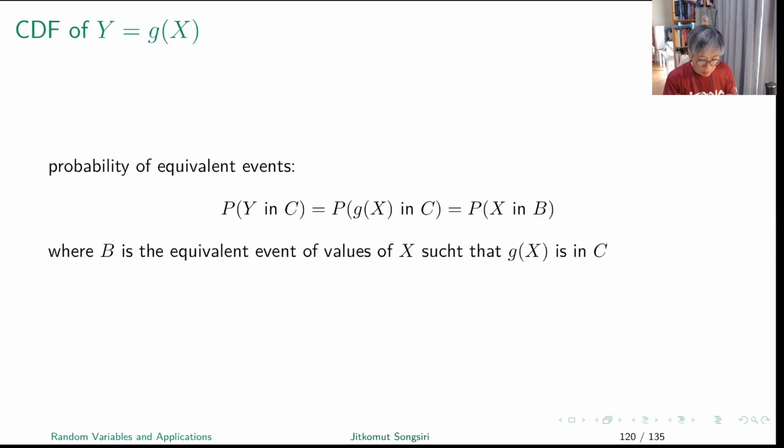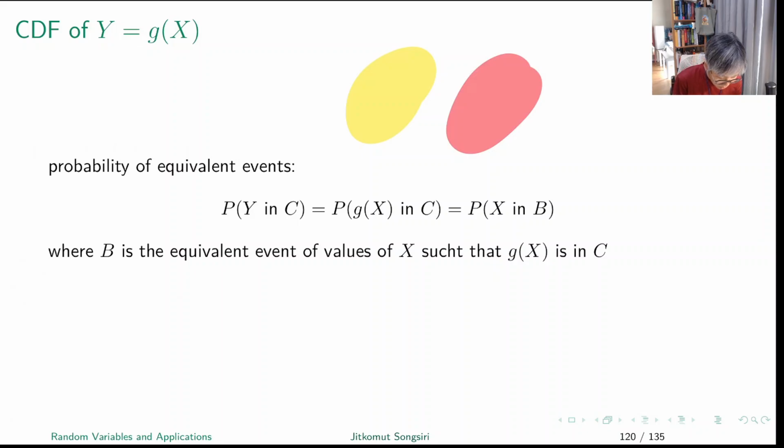So the whole concept of deriving the new distribution of y in terms of x relies on one idea: when you have two equivalent events as sets, for example if two sets are equal, the probabilities of those two events must be equal.